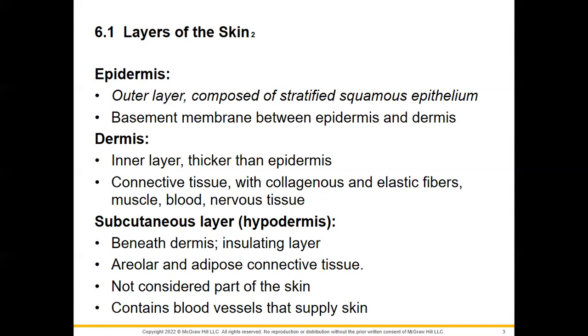Now, remember when we talked about tissues, we said that epithelial tissue lacks blood vessels and blood flow. It is avascular, and connective tissue was in general very vascular, with lots of blood flow. So here is an example of that. Your epidermis, the outermost layer of your skin, has no blood vessels.